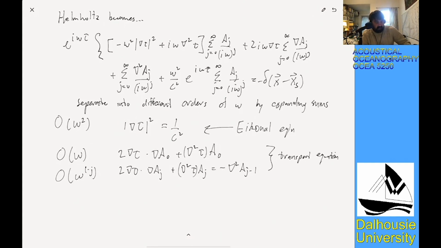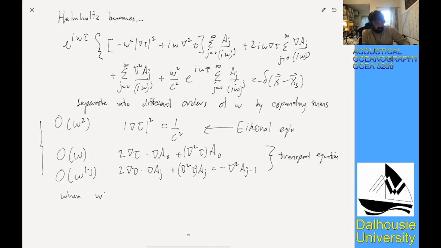So it's sort of clear here that the eikonal equation is going to give us the paths of the rays, but we need to consider the transport equations to understand the energy that's transported along the rays. Okay. Now, why this is such an attractive method is that we can look at these orders, right, and say, well, what happens when omega is large?